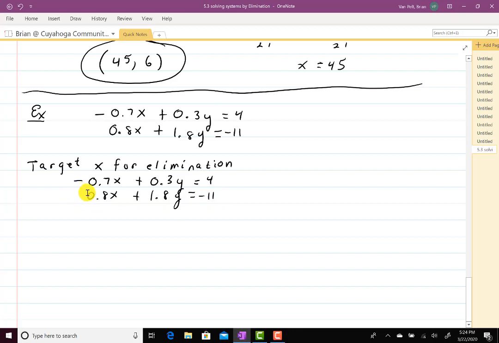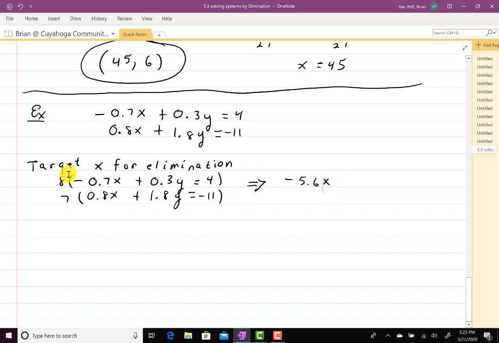All right, so if I want to get rid of the x's, if I multiply the first equation by 8 and the second equation by 7, I sort of got my numbers from the numbers in front of the x's here. 8 times 7 is 5.6. So in the first equation, I'll have -5.6x. The second equation, I will have +5.6x. So let me go ahead and do that.